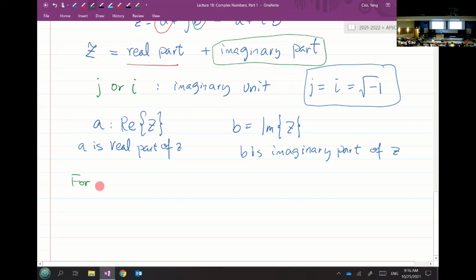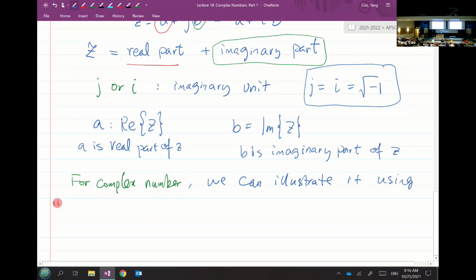For a complex number, we can illustrate it using the so-called complex plane.